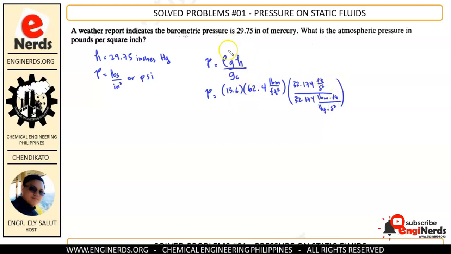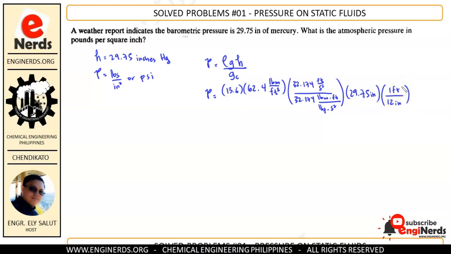And now we will multiply this sa ating pressure head, which is 29.75 inches. Okay? So, hindi na natin nilagay in mercury because we already considered that here sa ating density, no? And now, everything is expressed in feet. So, I will just convert this into feet. And we know that there are 12 inches in 1 foot.